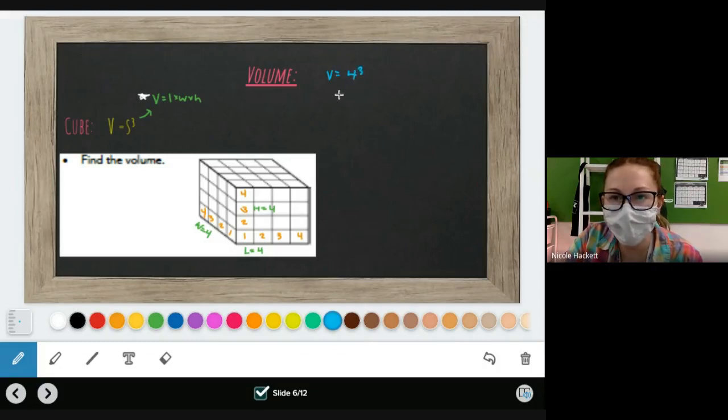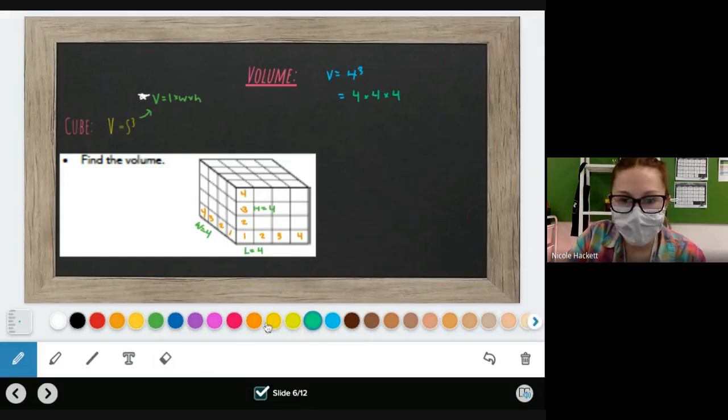You can put that directly into your calculator, or you can do 4 times 4 times 4, because that's exactly what 4 to the third power means. And then when we do that, you can multiply 2 numbers at a time, do 4 times 4 is 16, and then do 16 times 4. Or you could just put it into your calculator.